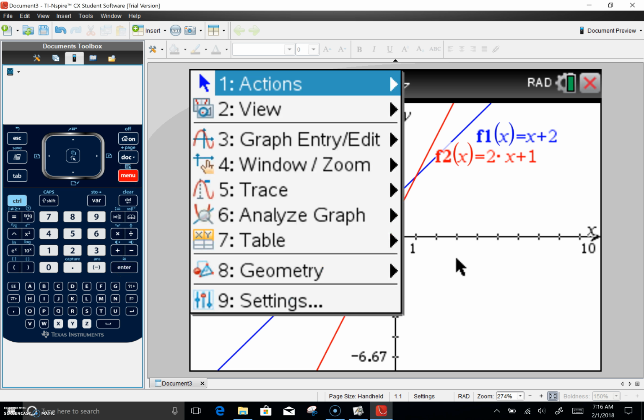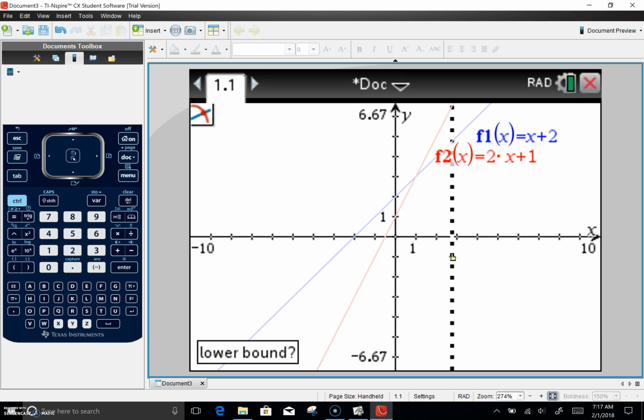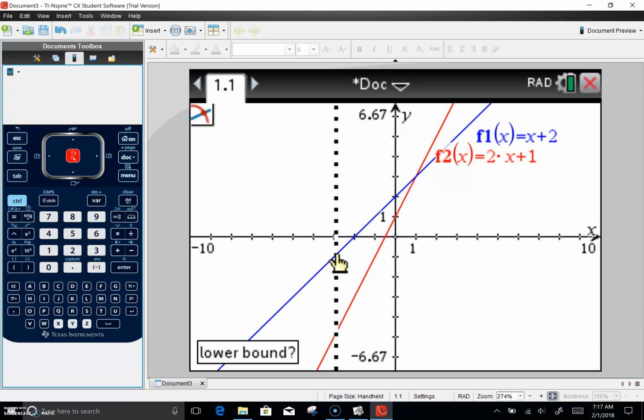Okay, menu, analyze graph, intersection. I'm going to move my cursor to the left side of the intersection and press enter.